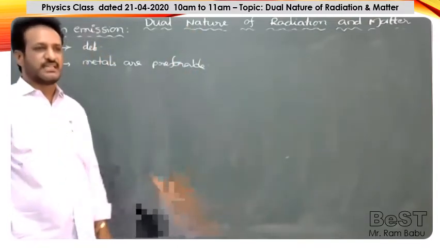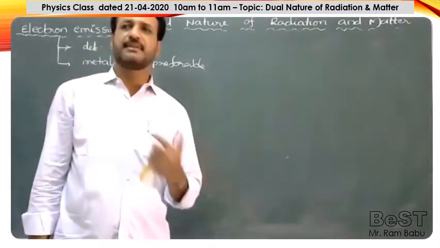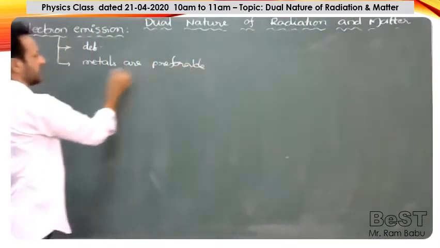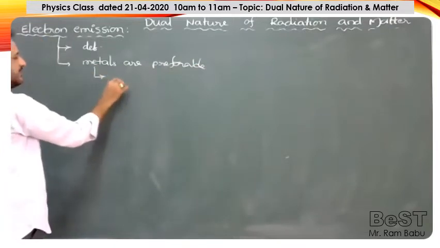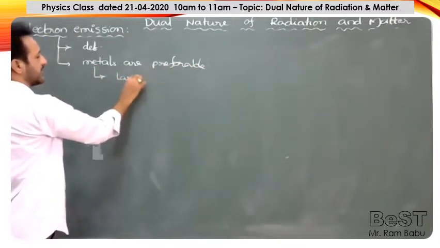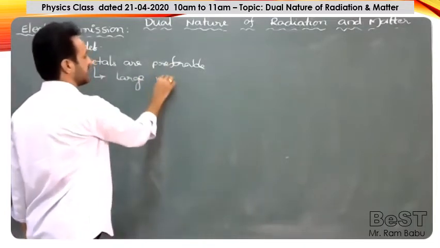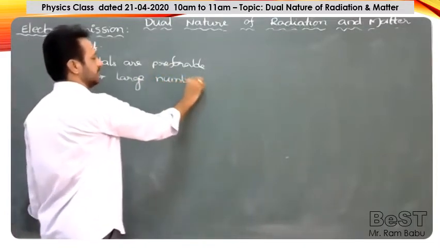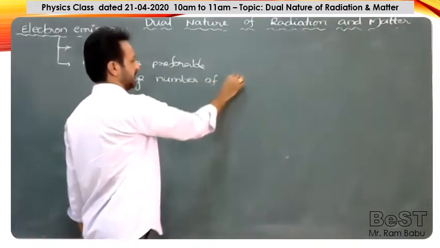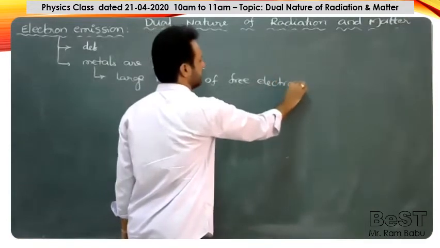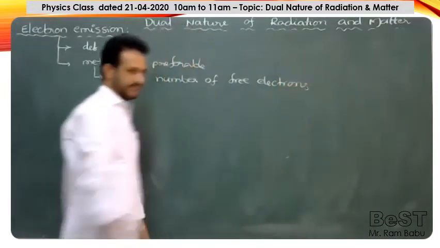They contain a large number of free electrons. That's why we generally prefer metals for electron emission.